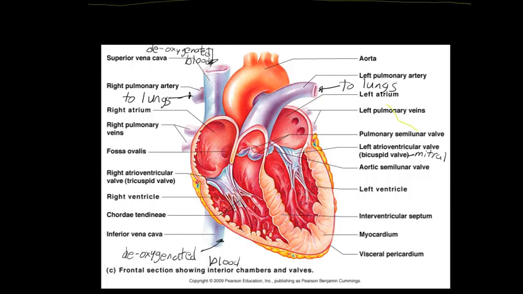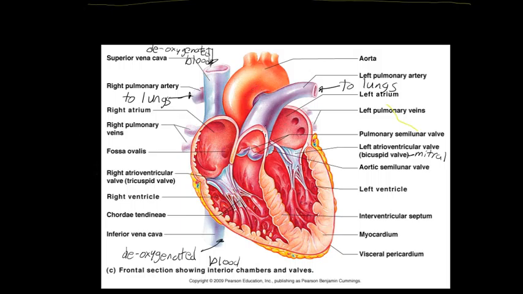it collects in the left ventricle, and when the time is right for it to be pumped, there's this valve called the aortic semilunar valve that serves as a gate between the left ventricle and the aorta here. The aorta is this large artery here.